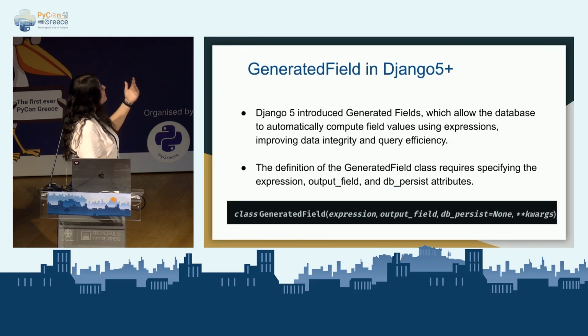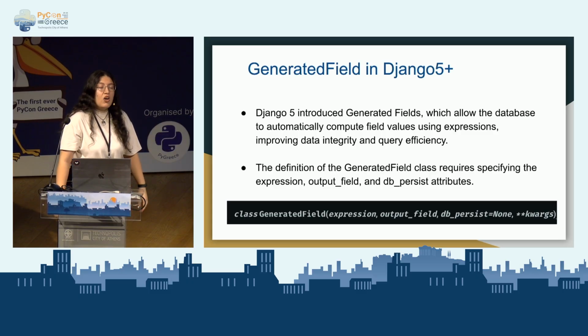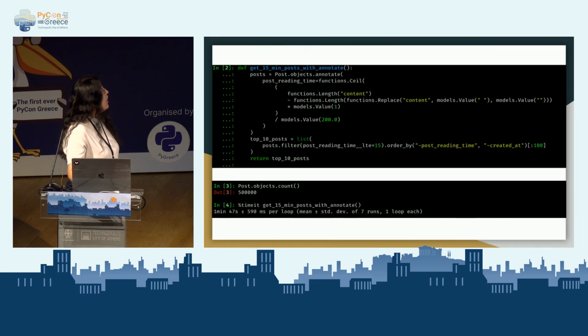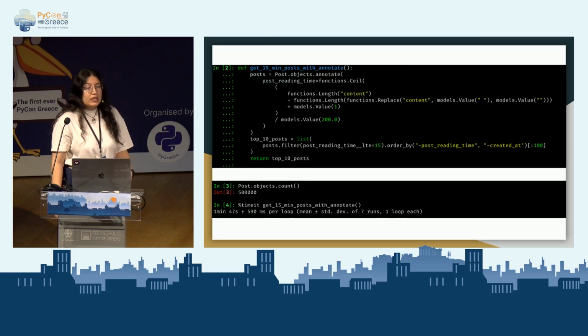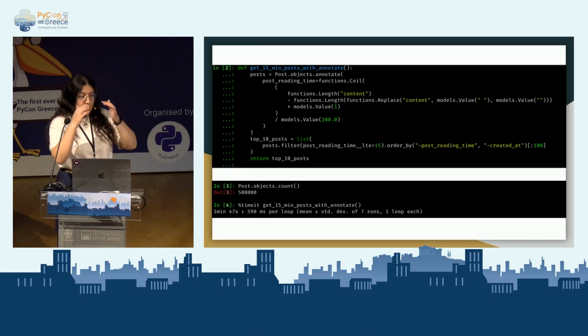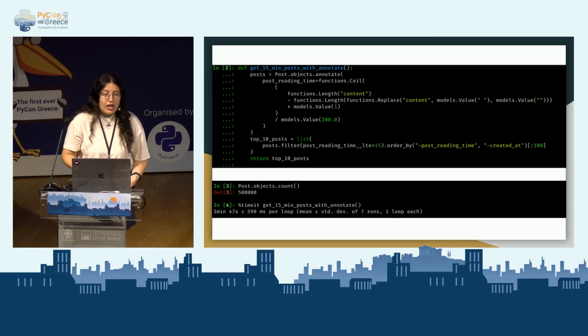So the generated field is a new feature. It was introduced in Django version 5, and it allows the database to automatically update a field from other fields. For example, we need a word count to calculate the reading time. In the common way, you can use annotation in Django, and it works.